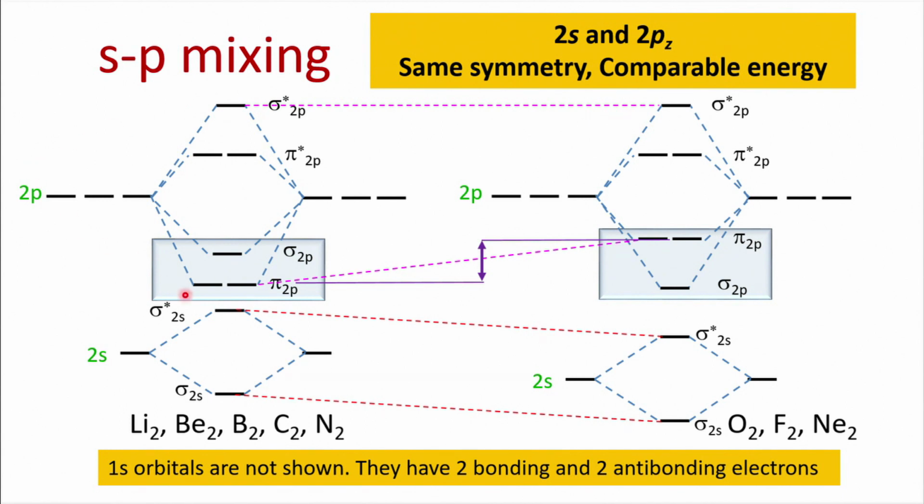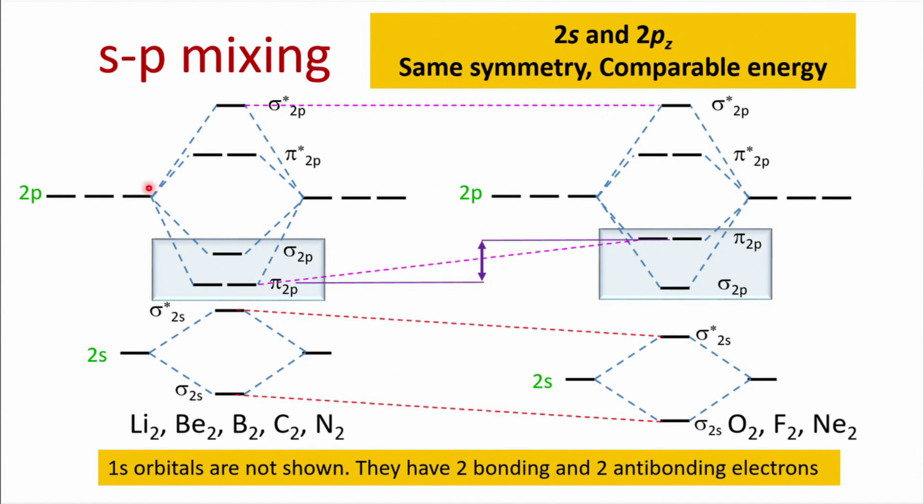From lithium to nitrogen, there is a relatively small energy difference between the 2s and 2p atomic orbitals.